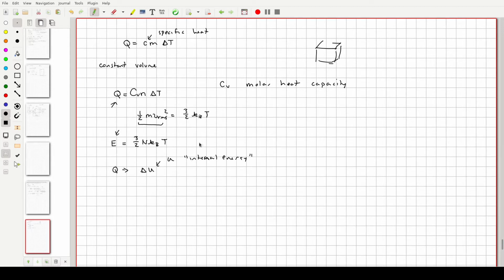Now, when you have phase transitions, we can also associate it to that. But right now, we're just going to consider situations in which you add heat and you just have a change in temperature, like I said, a pure phase.